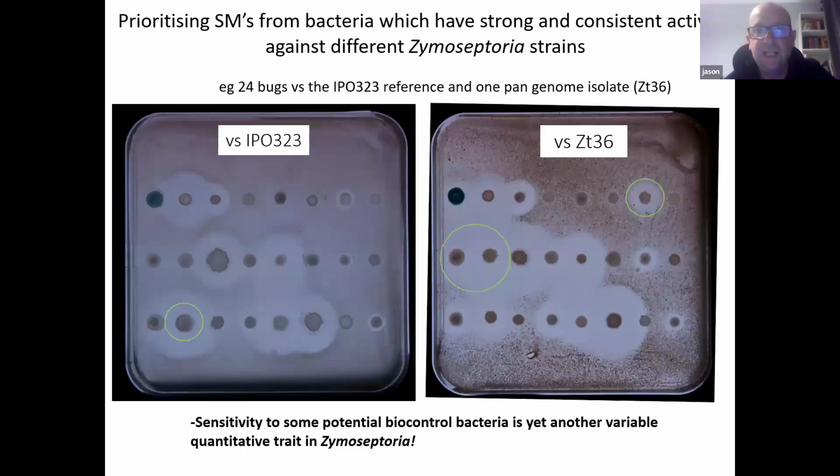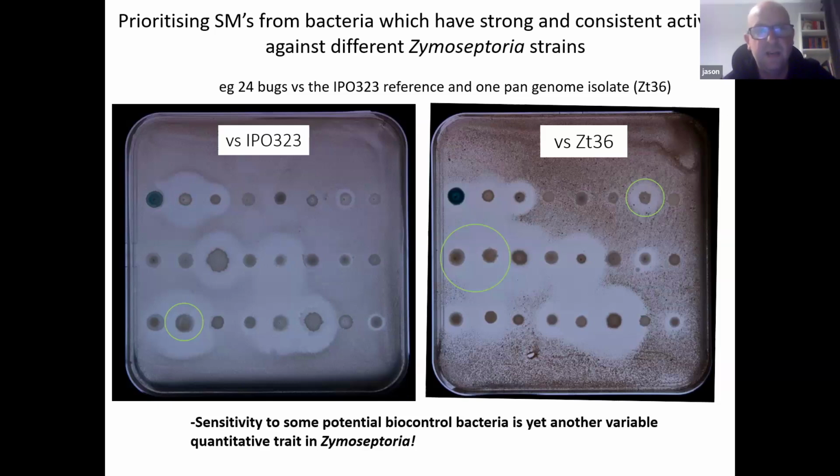We decided to tweak the assay as well. As I started this presentation, I told you about how much genetic variation we can see between Zymoseptoria strains, and there's no point going down a fungicide discovery route if you find at the end that your fungicide will only target 2 or 3 of those strains and not all of them.